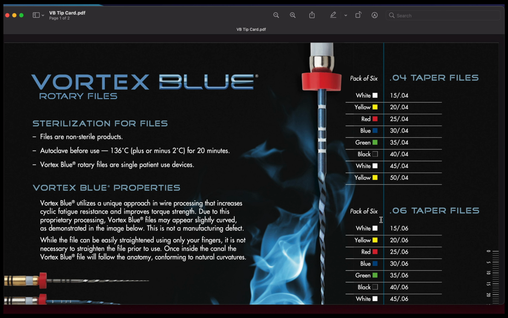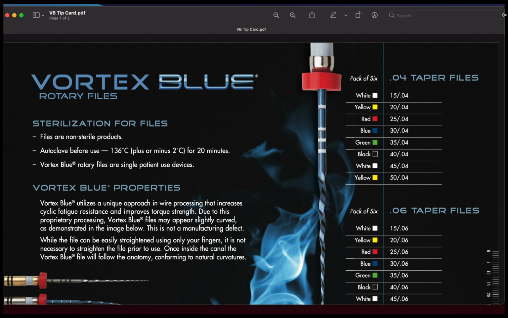So here's the tip card for the Vortex Blue system. You can see the color schemes that they have here to designate their 04 taper files and their 06 taper files. And I'll take this opportunity to talk about the ISO system. This is an internationally standardized system in endodontics that basically color-coded all sizes so that it's easy, obviously, for you to keep track of which instrument you're going to be reaching for and whatever you have in your handpiece.